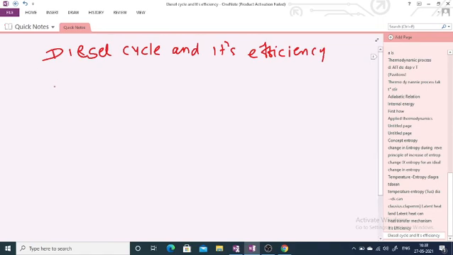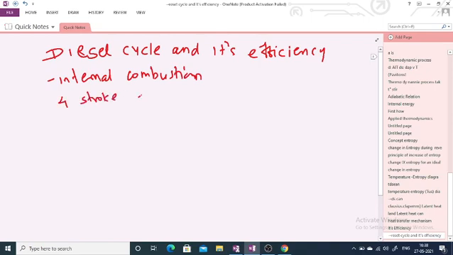The diesel engine, once again, is an internal combustion type engine. Both are internal combustion type engines. It is a four-stroke engine.